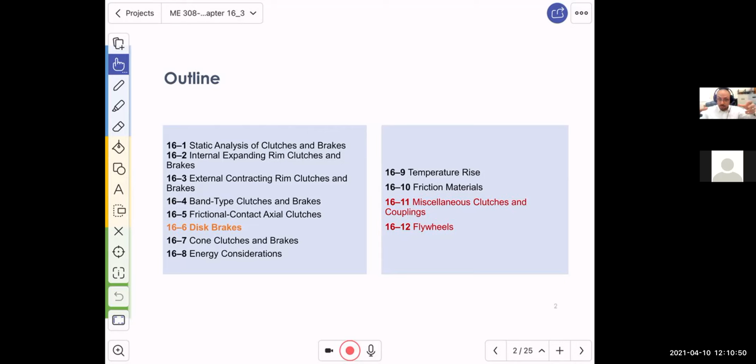ABS, alternating braking system, which basically applies the brakes in an alternating way. And of course, sections 12 and 11 are excluded. We're not going to cover them. They are not included. The disc brakes are reading material.